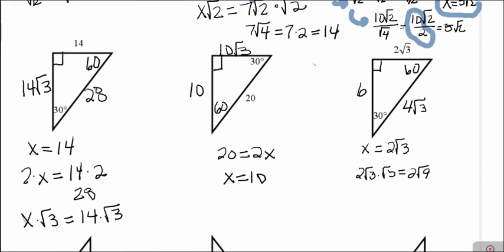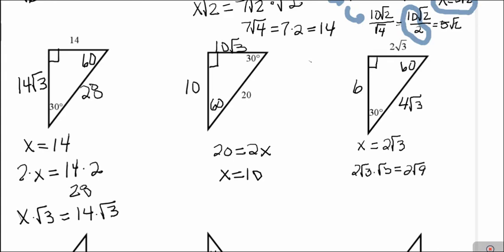Right below it, if we look at this third example of the 30-60-90, we were given the side across from the 30. So I know that that side across from the 30 is equal to x. So here was my initial equation, x equals 2 square root 3. Now I can't solve that, it's already solved for x, so to find the side across from the 90, I need to multiply x by 2.